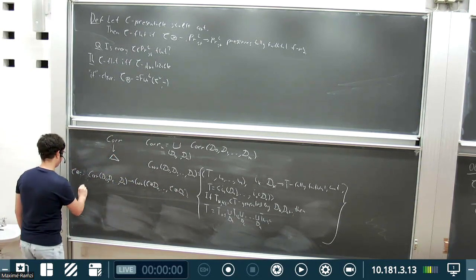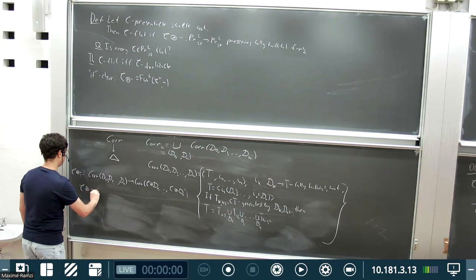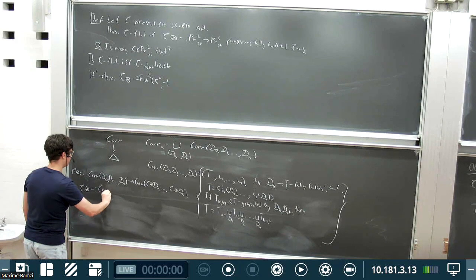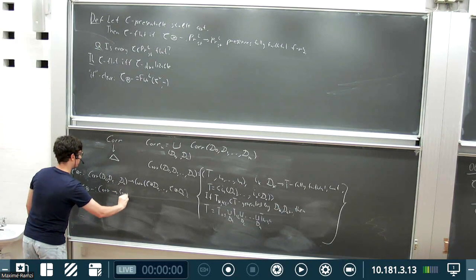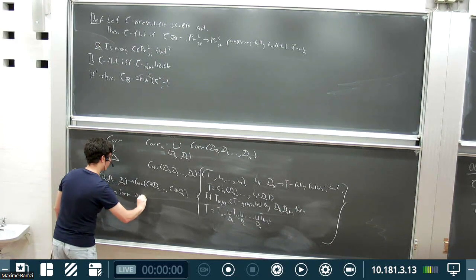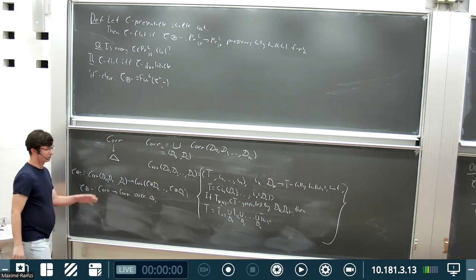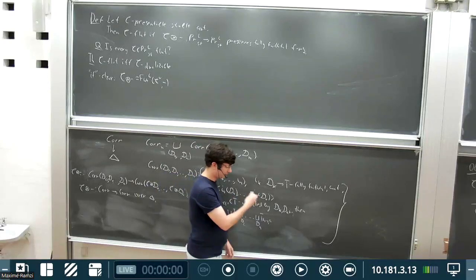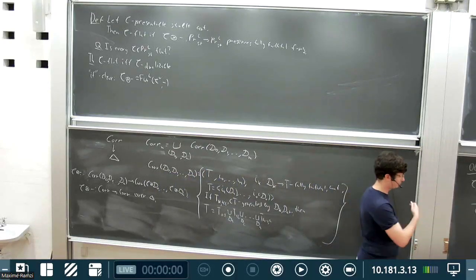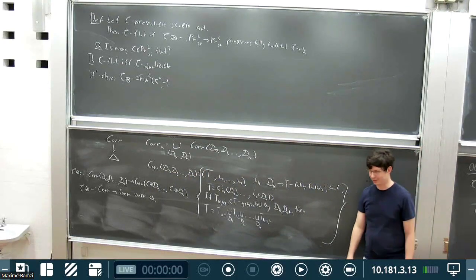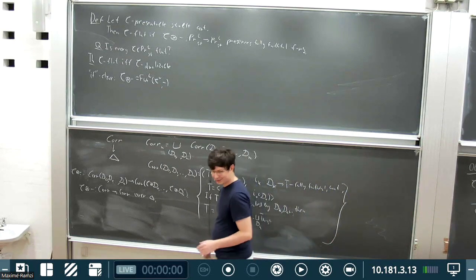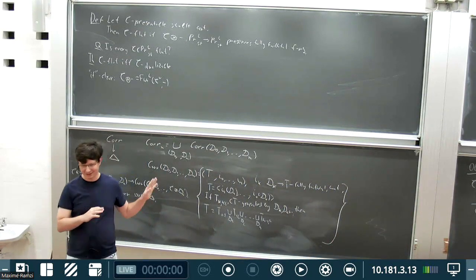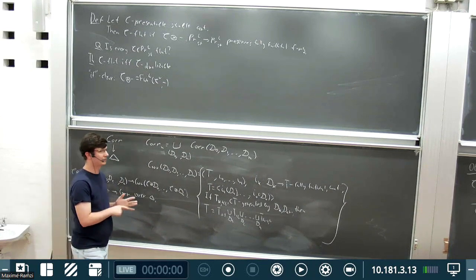So you get a well-defined map of fibrations of categories over delta, but it doesn't necessarily preserve Cartesian edges. But again, if C is flat, then you can directly see that it preserves Cartesian edges. So that's a rigorous way to do this.